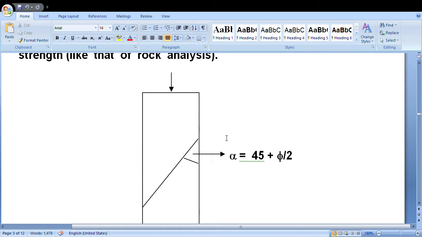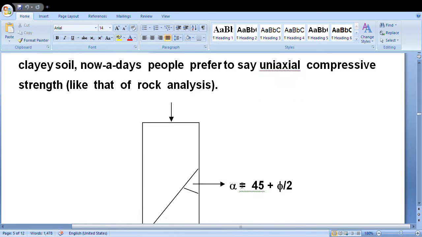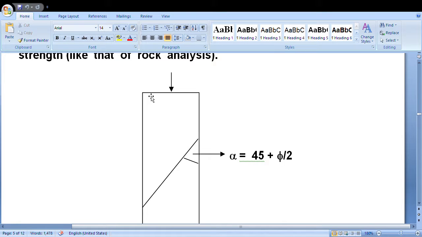We are applying load, there will be some deformation, ultimately this specimen shall fail. There are three types of failure. If it is a very hard soil, there will be a diagonal failure, with angle 45 plus phi by 2.